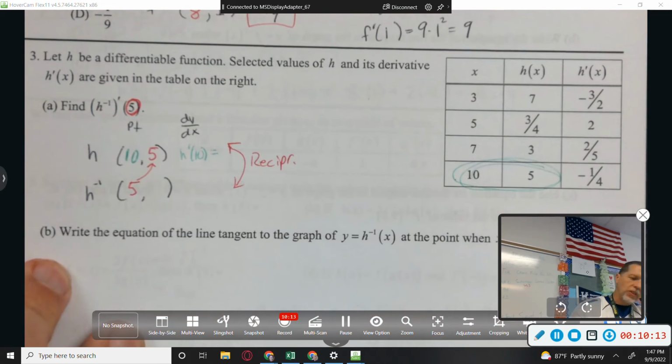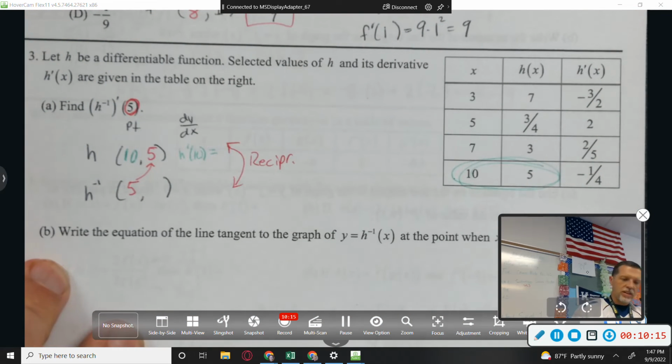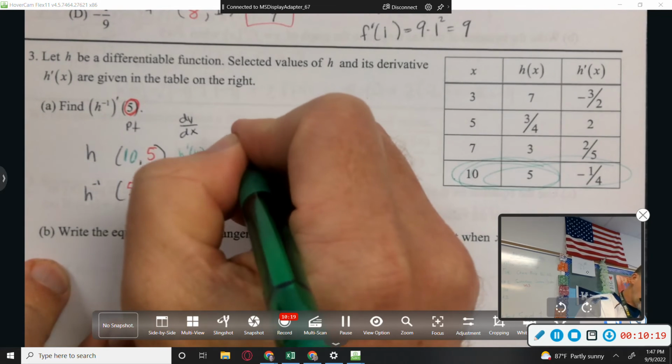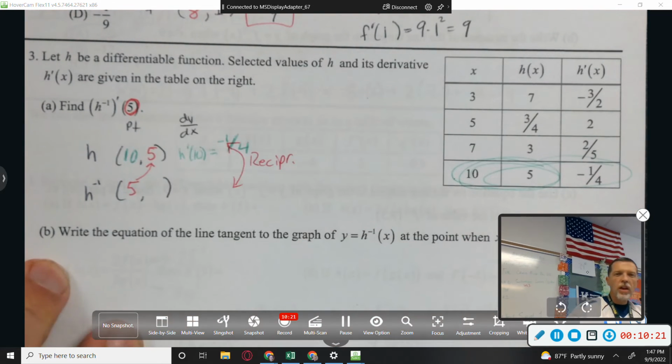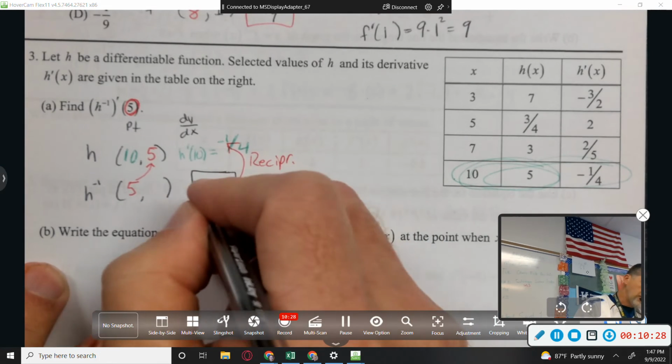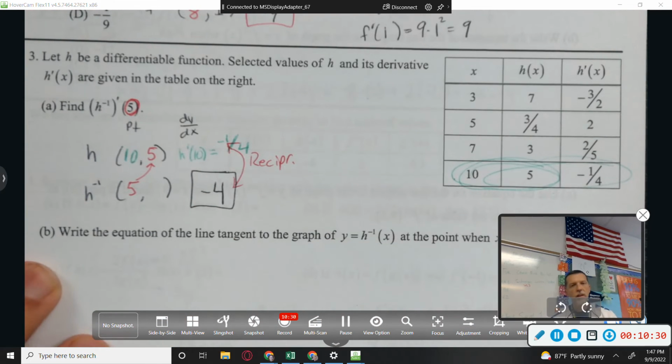What's that equal to? Negative 1/4. Yeah, that's the table, negative 1/4. So my final answer then is negative 4. If I flip it over, I get negative 4.